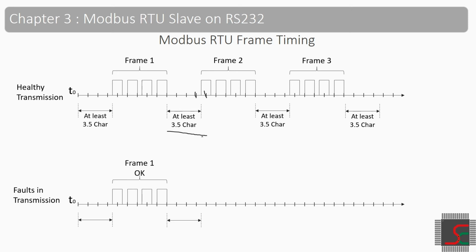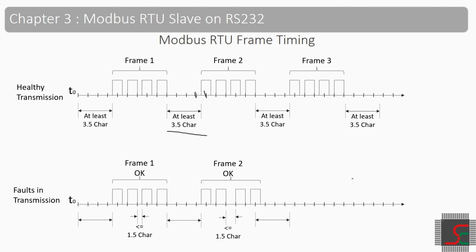On the animation, we will see that after 3.5, frame 1 is sent, and there is no gap between the characters received, so this frame is okay. Now frame 2 is sent after the 3.5 delay.